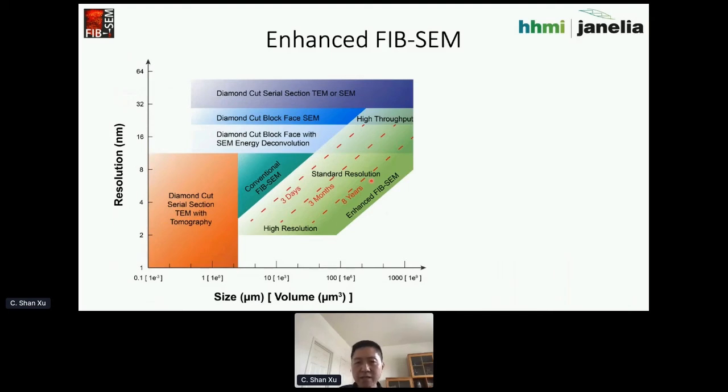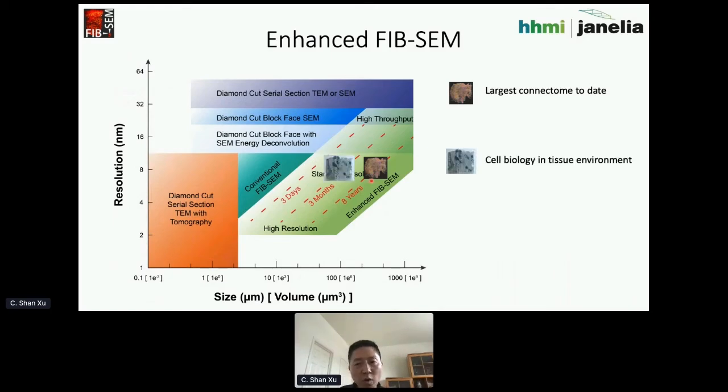So although the enhanced FIB-SEM was initially motivated by the fly connectome challenge, the end result is a transformative imaging platform that provides a sweet combination of resolution and volume that enables many discoveries, from large brain tissues containing tens of thousands of cells to a single cell at high resolution atlas application. So we're really excited about this unique capability and think this is just the beginning of a new field and a holistic way of looking into the cellular world.